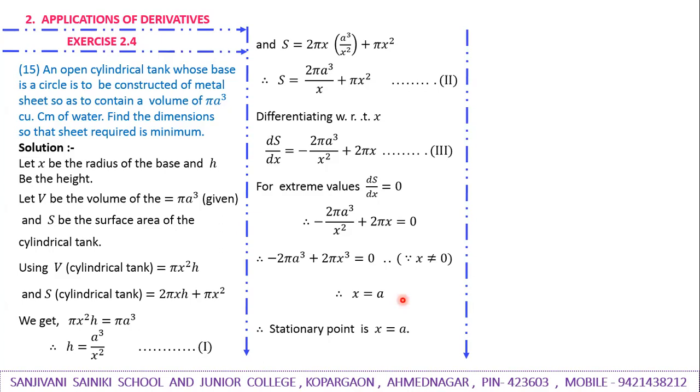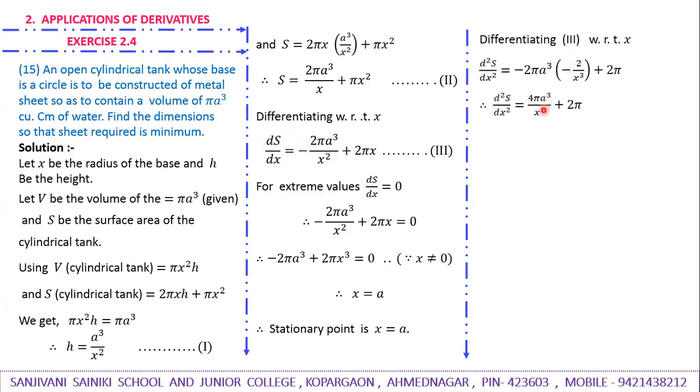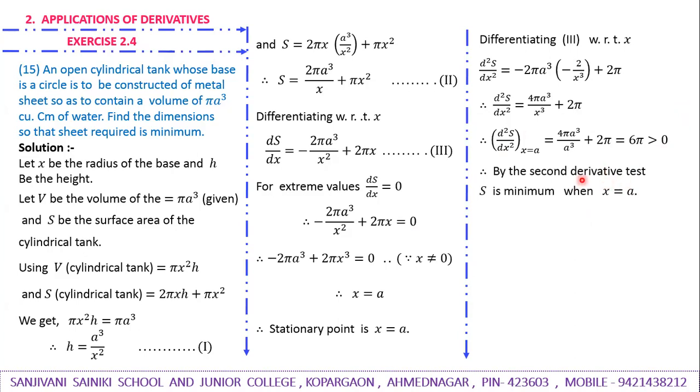Now we have to obtain the second derivative of the surface area. It comes 4 pi a cube upon x cube plus 2 pi. Now we check the sign of this second derivative when x is equal to a, and it comes 6 pi. That means positive. Whenever the second derivative is positive, by the second derivative test, at x is equal to a the surface area will be minimum.